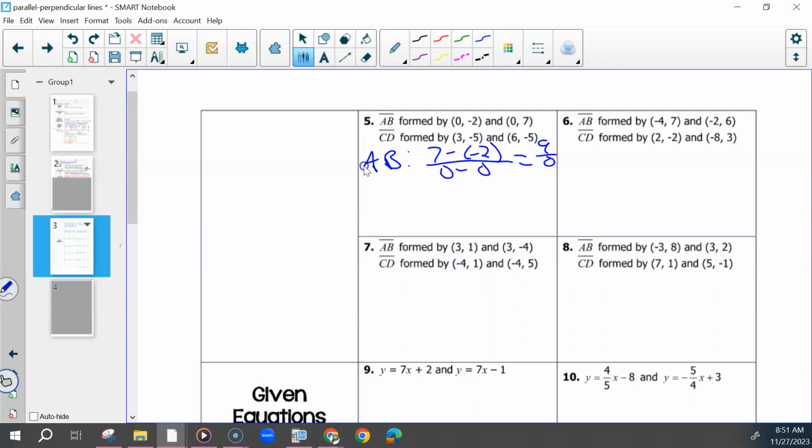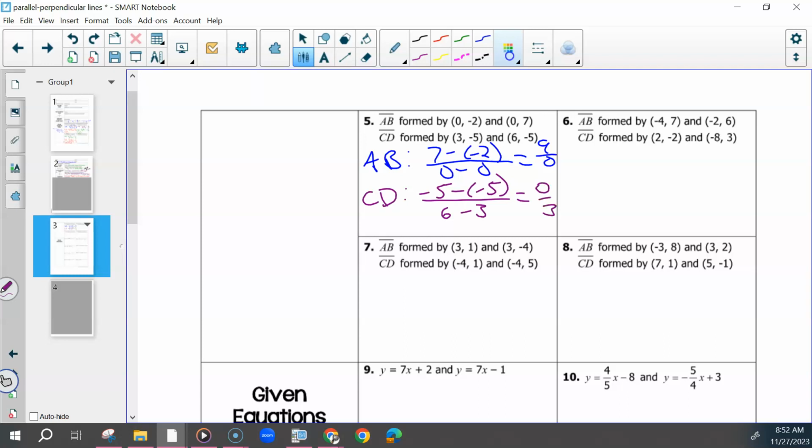If you know it's undefined, that's great. I'm going to show what would happen if you maybe forgot that in the process. For CD, we have negative 5 minus negative 5 over 6 minus 3. Which would be 0 over 3.